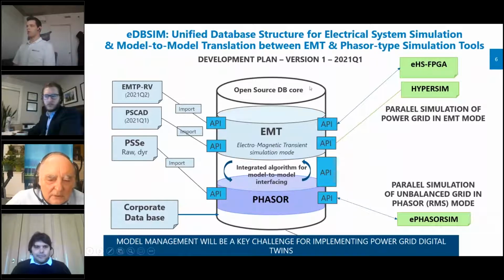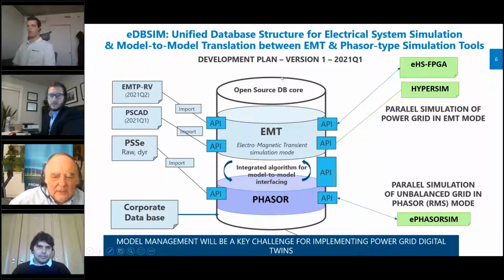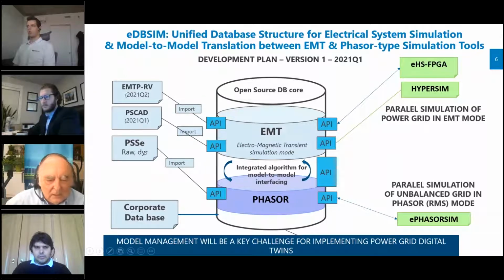So what we decided to develop over the last 4 years is a kind of common database where we can have the system data in both EMT mode and phasor mode, and have a kind of translation software in between. But then we need to take the data, and most of the time we need to take the data coming from models written with PSCAD or sometimes PSS/E, and or MATLAB.